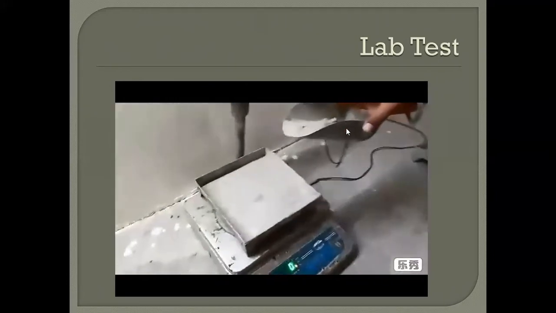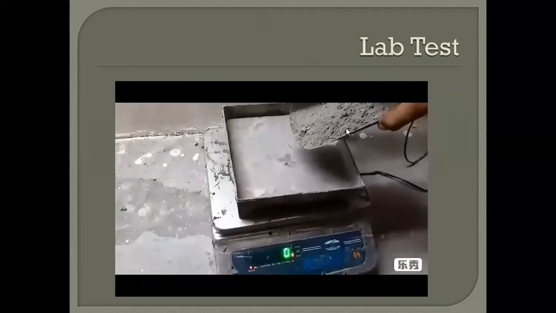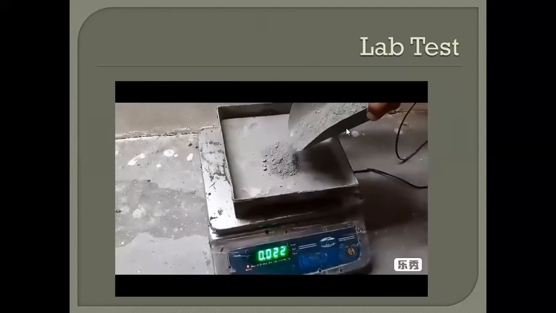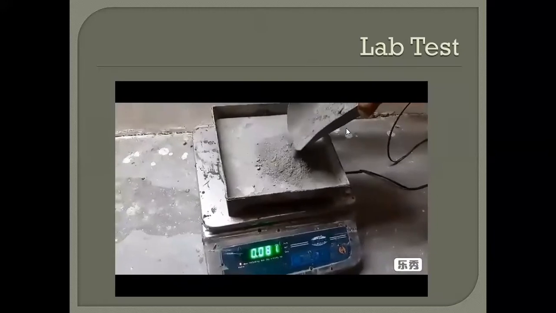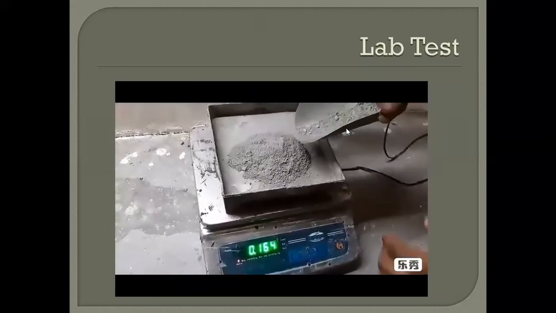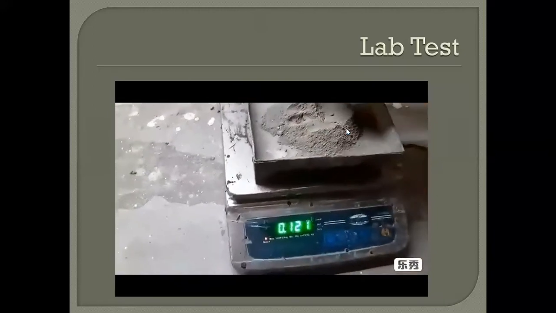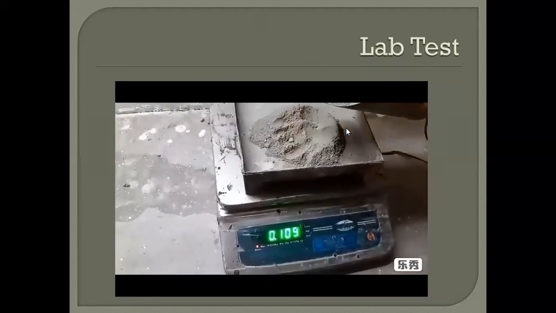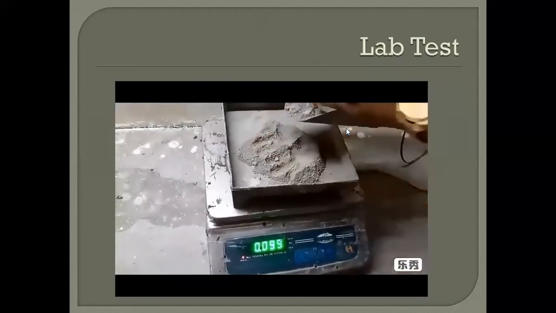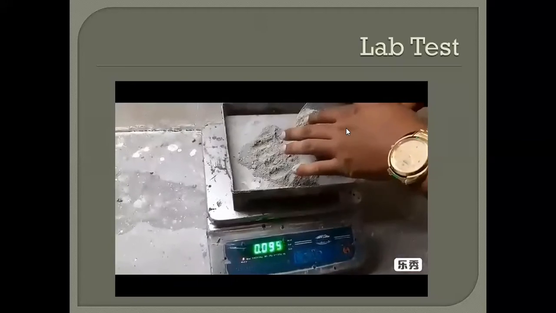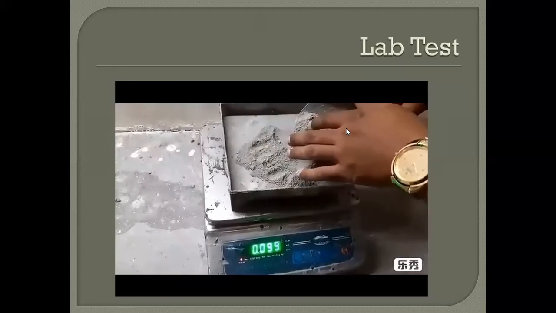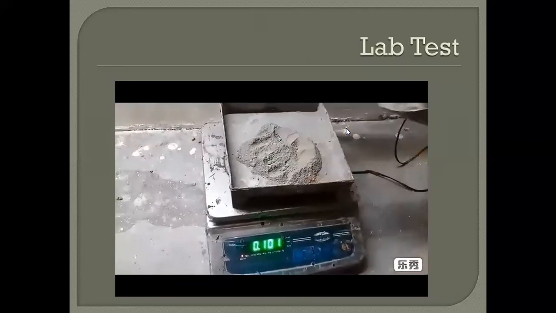So here we are taking 100 grams of cement. Accurately, we are measuring the weight of cement, which should be 100 grams. Here we are getting 100 grams.